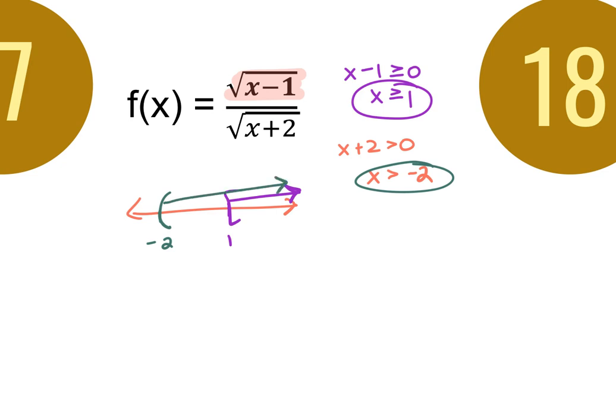Now, because this is one function, it's like an "and" statement. You have to pick where it overlaps. So it only works from 1 to positive infinity. So it would just be x greater than or equal to 1, which is a bracket on the 1 to positive infinity. So you're looking for where they overlap. It has to be true for both statements.